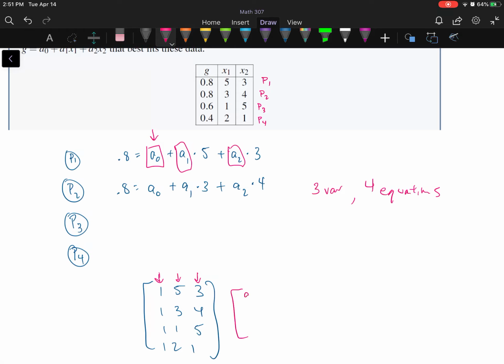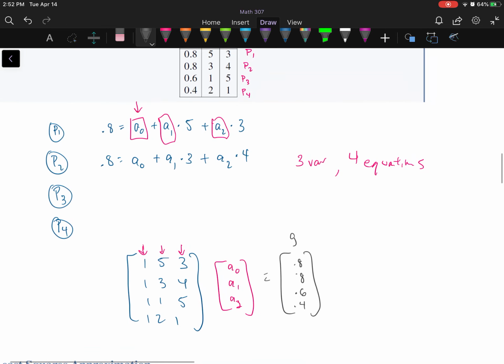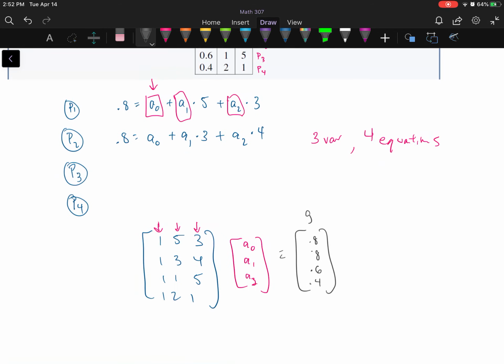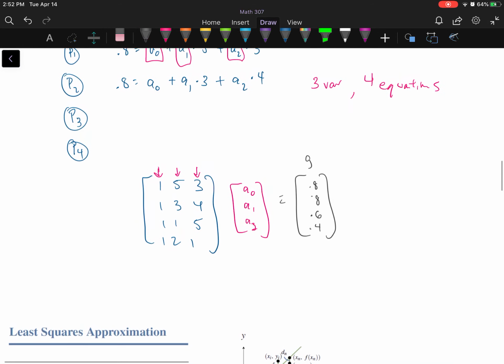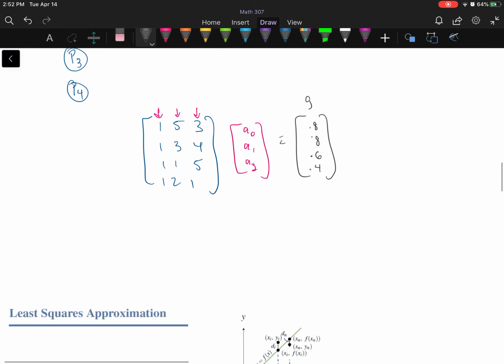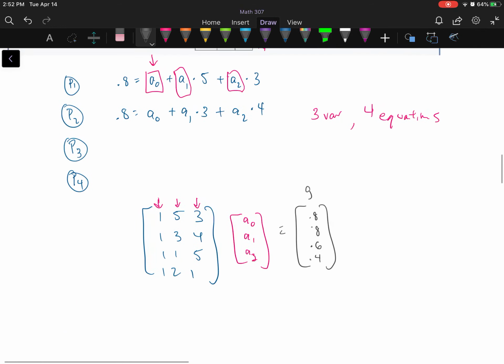Here, the matrix would be A, the vector would be A0, A1, and A2. And our result vector would be all of the G values. So 0.8, 0.8, 0.6, and 0.4. But yeah, we have another overdetermined system where we have fewer variables than we do equations.